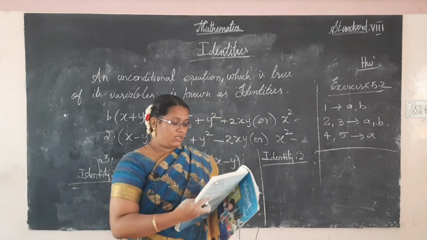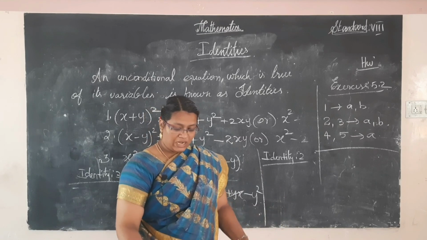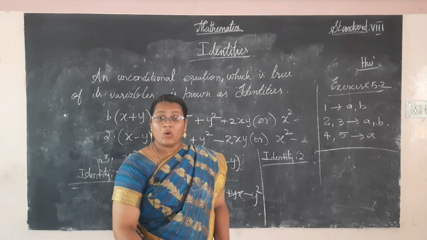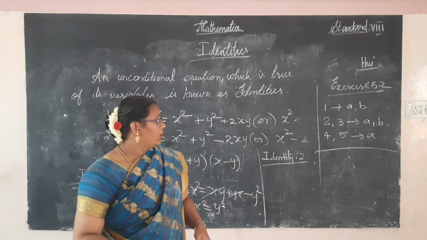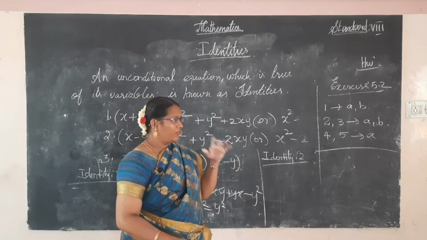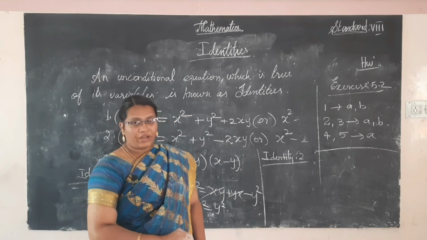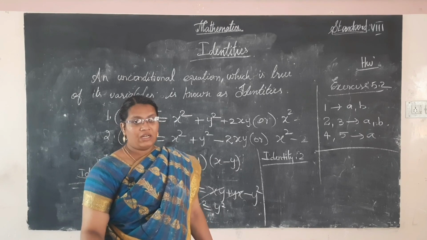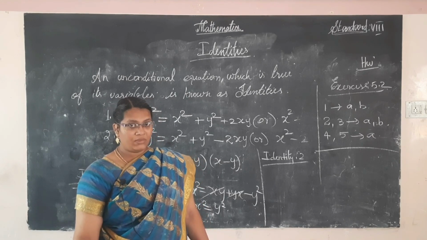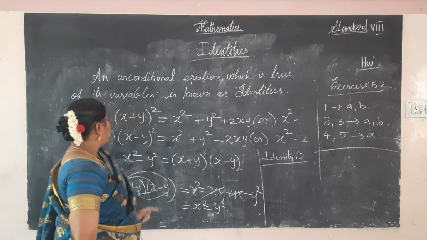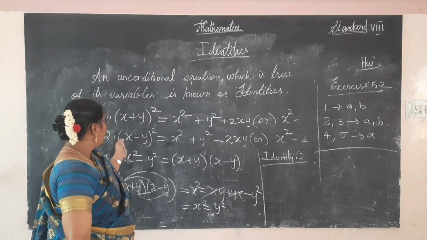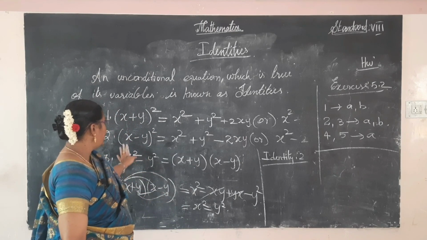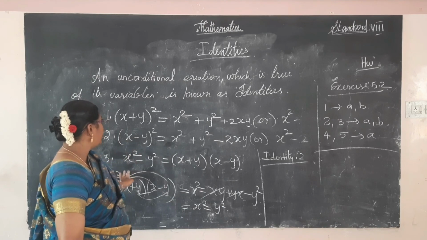So in this class what did we learn? We have solved the exercise problems 5.2, how to find the quotient value using the long division method, and also how to write the identities: identity 1, identity 2, identity 3.